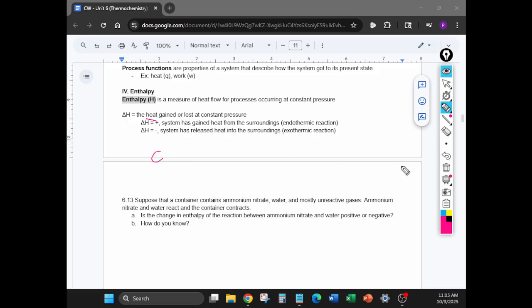For example, you'll have something like H2O2, and you don't need to write this down, produces H2O, and then at the very end of the equation, it'll tell you delta H, the change in enthalpy, and then it'll tell you either a positive or a negative number. And that's going to tell you if the system is endothermic or exothermic, if the chemical reaction releases or absorbs energy.